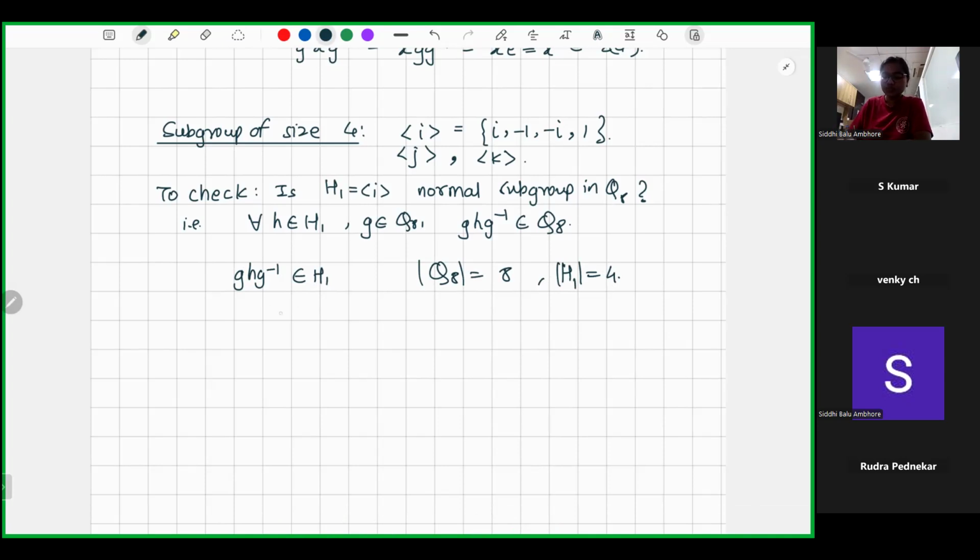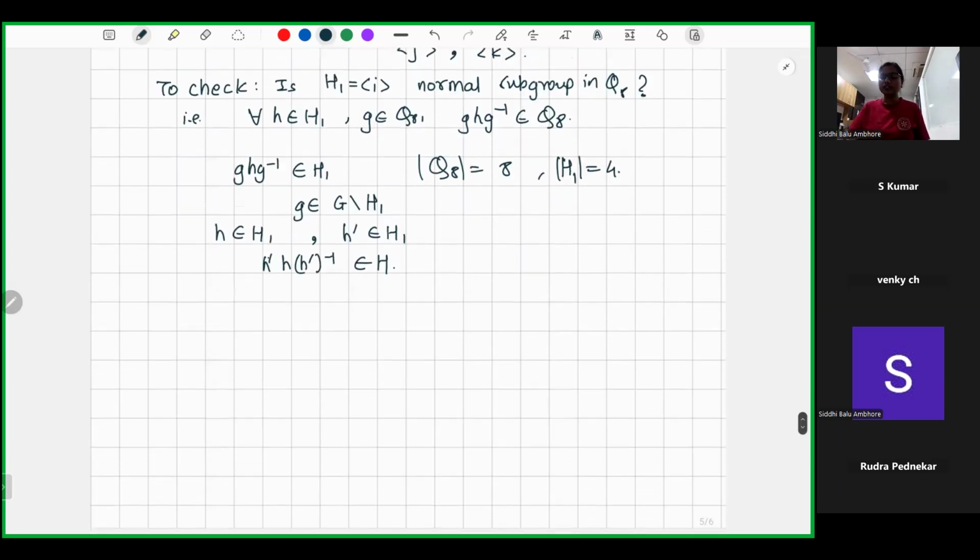So g I will choose from this group minus H1. Because if I take g from H1 itself, then for h and h' in H1, h h' h inverse will always be in H1 because of the subgroup property, that it is closed under multiplication.